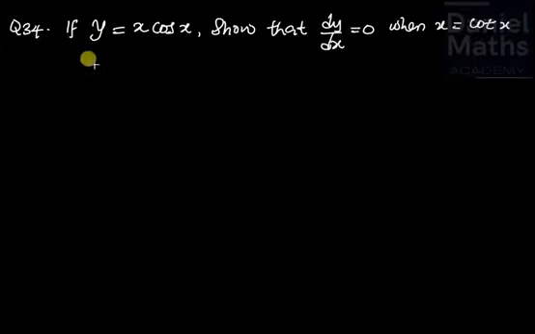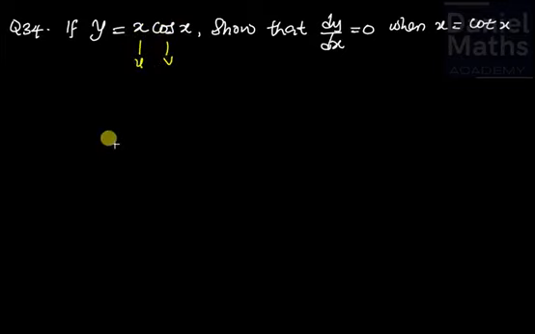So here we have that y is equal to x cos x. Here we want to agree that this function is a product rule, where this is our u and this is our v.